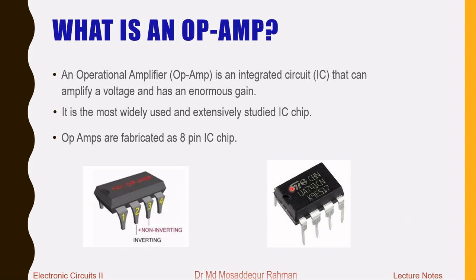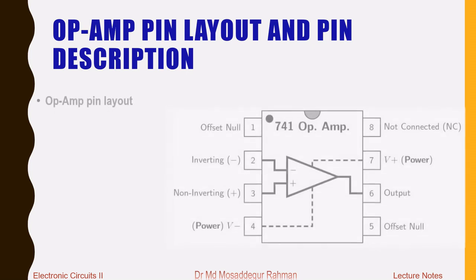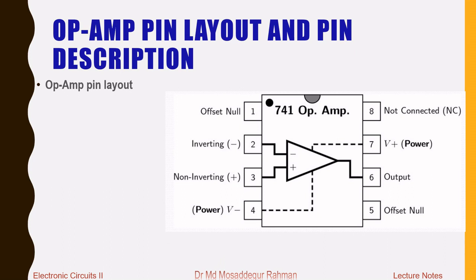Okay, so let's move forward. Now we'll discuss the pin layout and pin description of the op amp: how the pins are arranged around the IC chip, and their labeling and description.